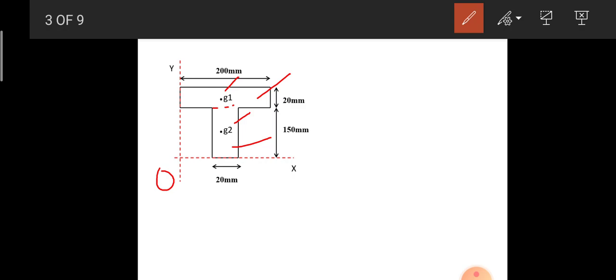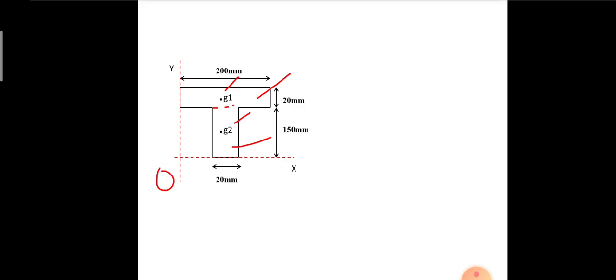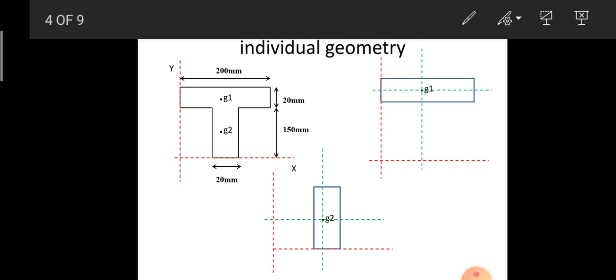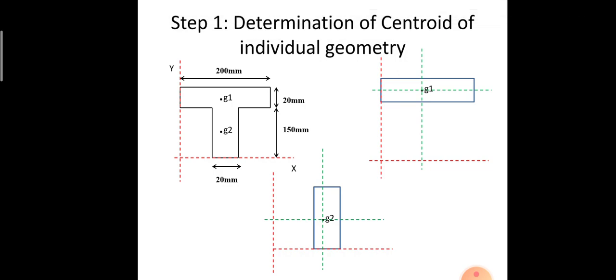So that first of all we are supposed to determine the individual centroid for the two rectangles, and then we can easily find out the centroid for the overall figure. So now, as I said, we are supposed to determine the centroid for the individual rectangle. Here we have assumed two rectangles.